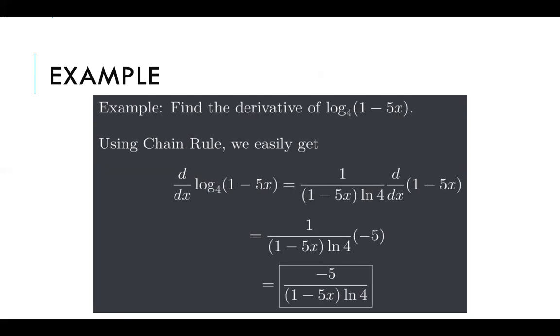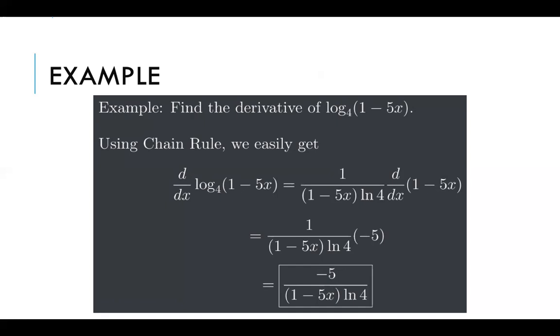Another example. Find the derivative of logarithm of quantity 1 minus 5x base 4. So we will utilize the second form of the logarithmic function derivative. By using chain rule again, we easily get the first derivative of the given function is equal to 1 over quantity 1 minus 5x ln 4.